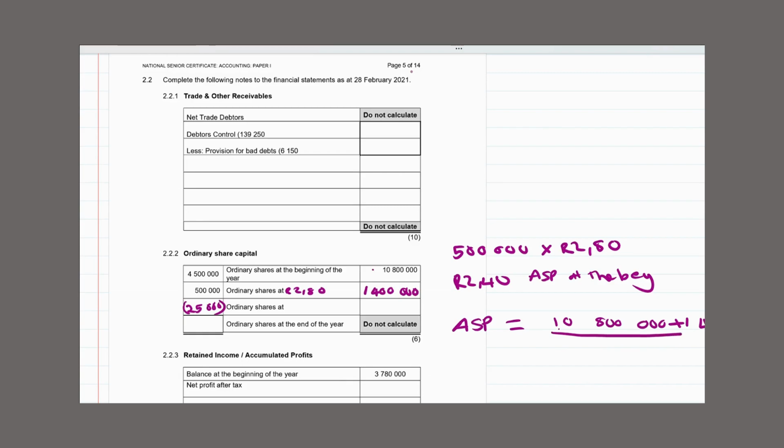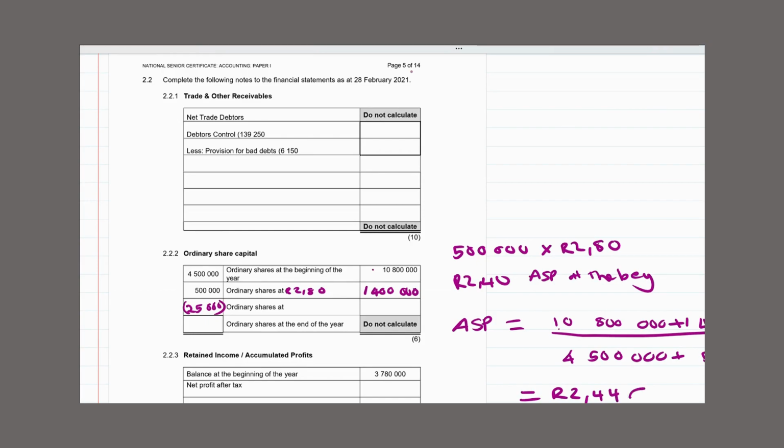Divided by that, we're then going to add our 4.5 million. And we're going to add our added, which is 500,000. This will give us an average share price of R2.44.